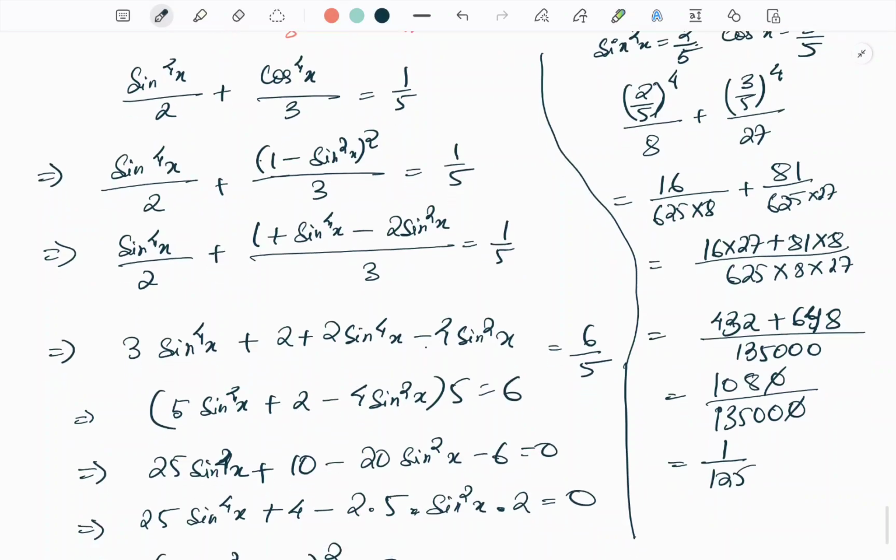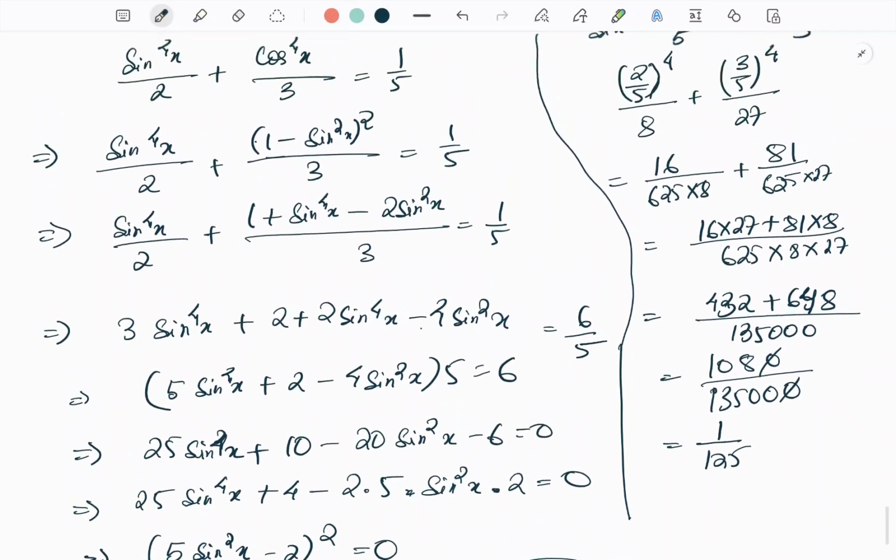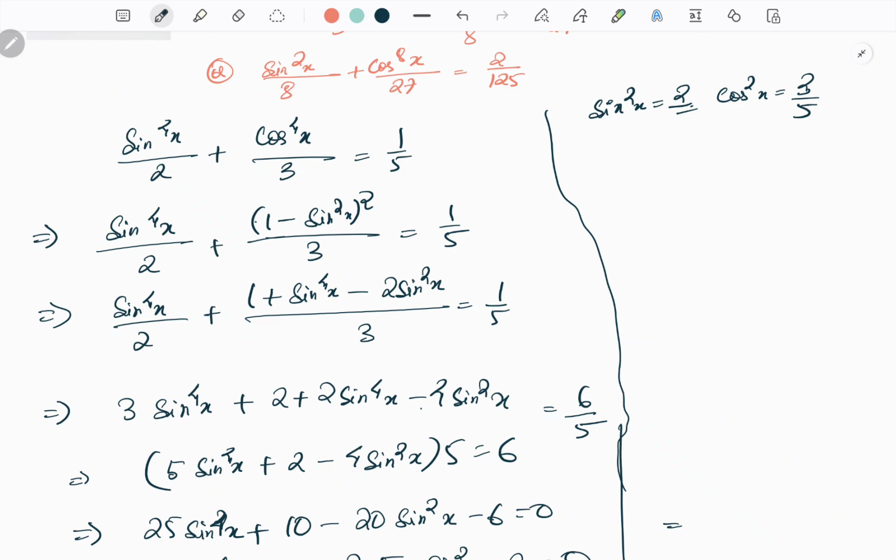Now let us check the fourth condition. So it's given sine square x is 2 by 5 whole square divided by 8 plus again 3 by 5 whole to the power 4. Because it's already in square on square, we don't need to do it actually.